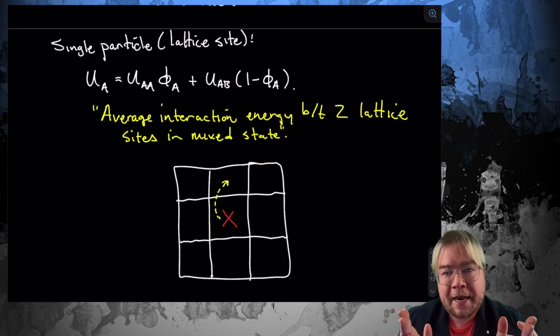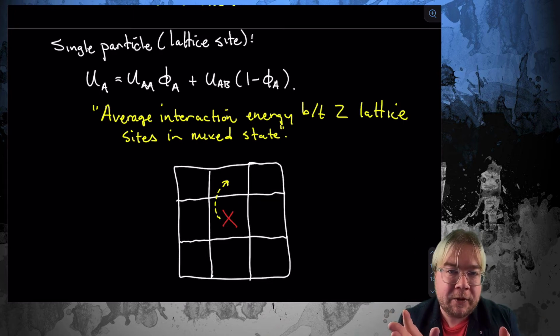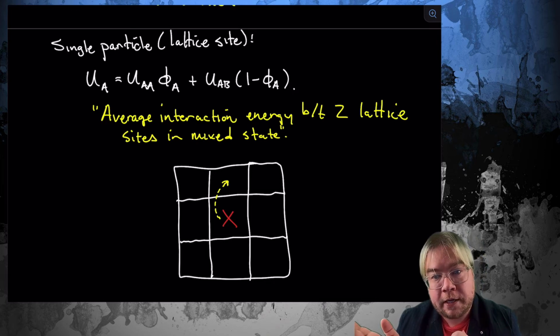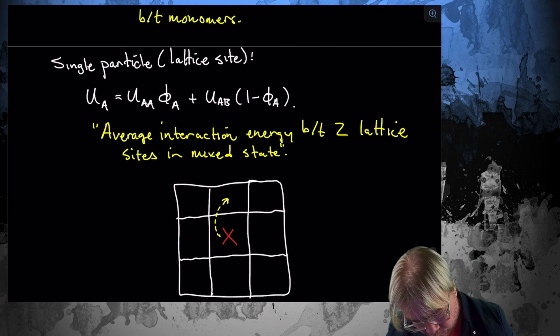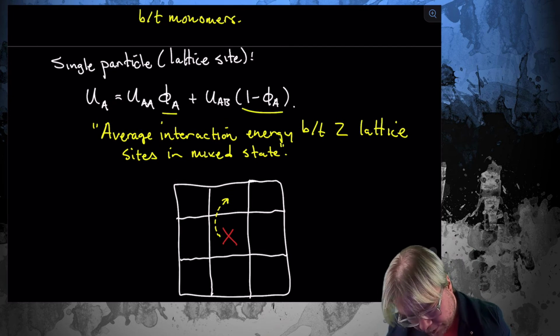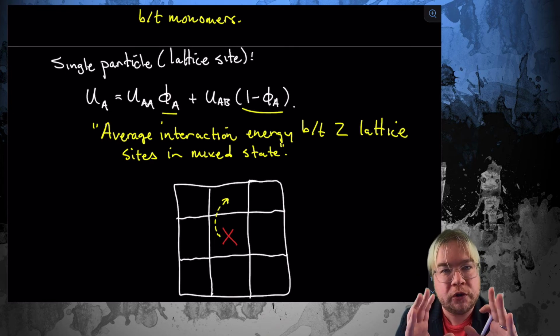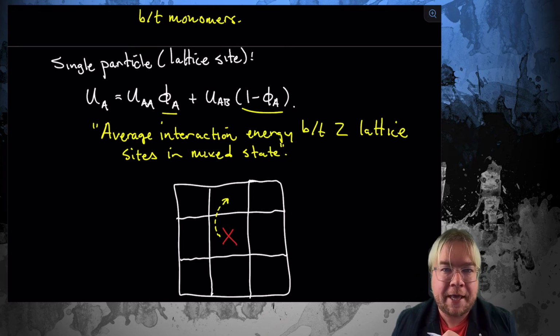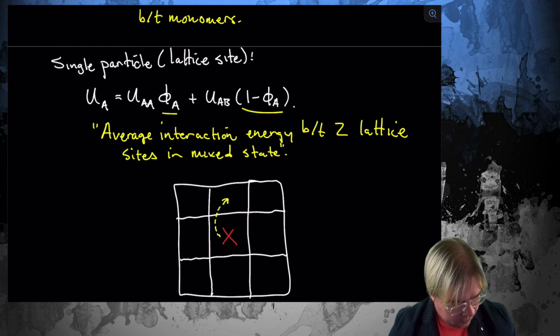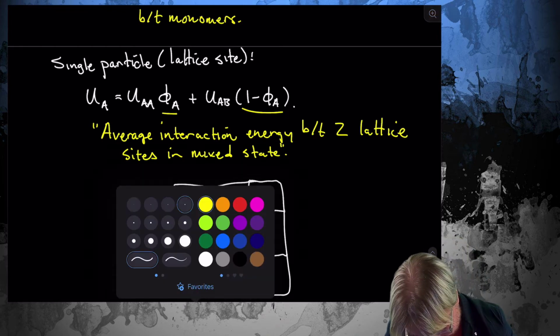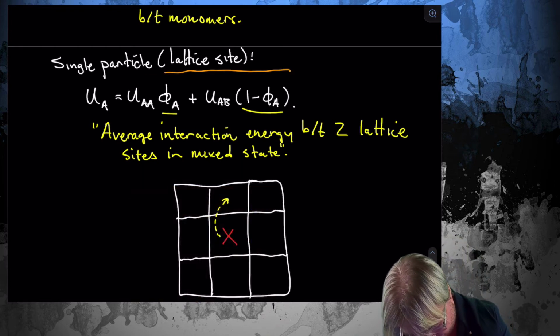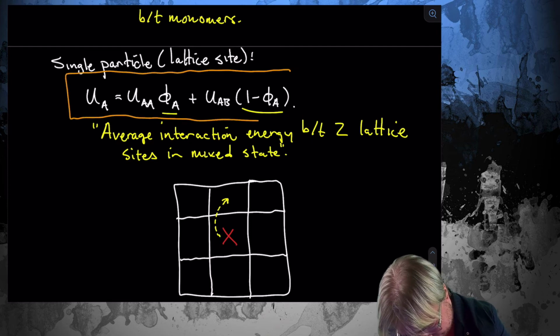That other lattice site could be an A lattice site, in which case the strength of that interaction would be UAA, but it could also be a B lattice site, in which case the interaction energy would be UBB. So on average, it's going to be this weighted sum that has the volume fractions to take into account the fact that there's going to be a certain distribution of those species around each lattice site. Okay, let me circle this so that we'll remember where it is. We're going to come back to this.